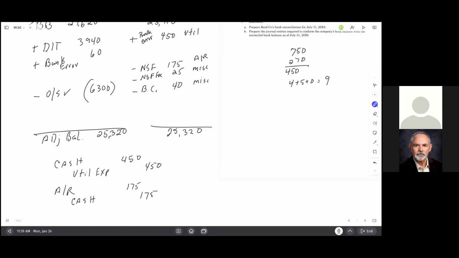And next, or we could do a compound entry here as well. Let's see if I can. I don't want to do that. Now, I think what I'm going to do here is, I don't seem to know how to erase.